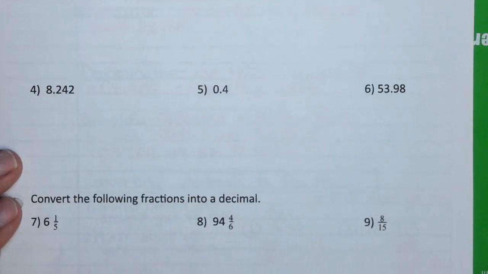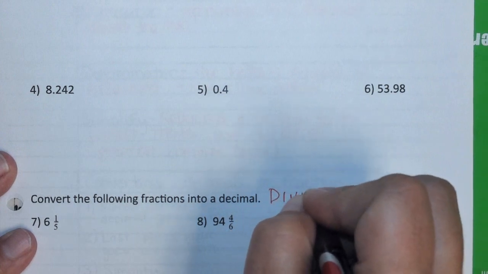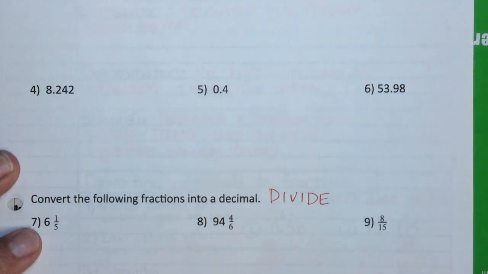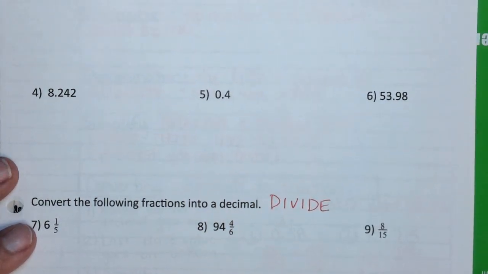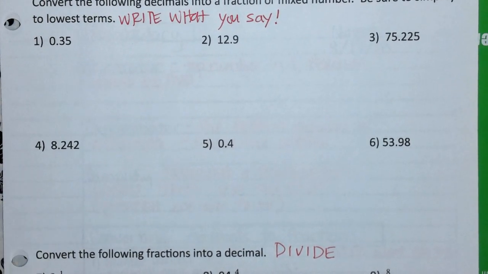And the second half, fractions to decimals, we are going to divide. So in the first half, you're going to write what you say. Second half, you're going to divide. I want you to use your notes now. We're going to keep practicing this for a little while, too.